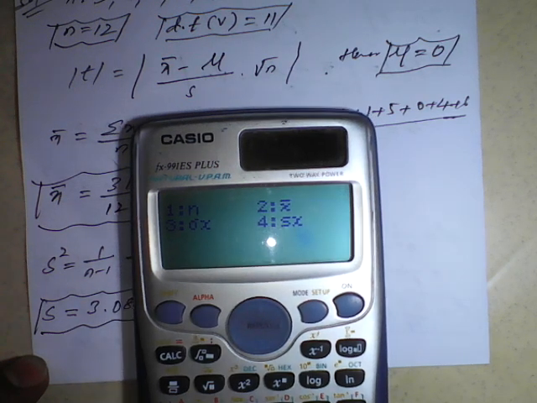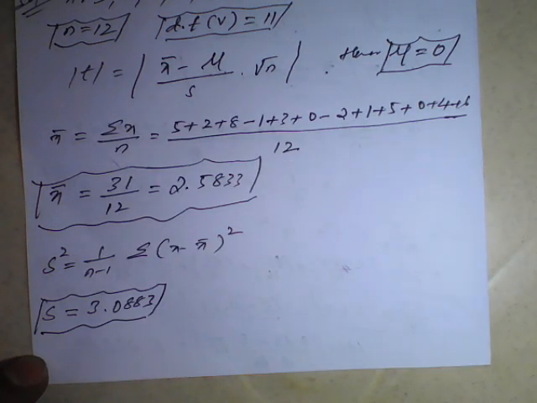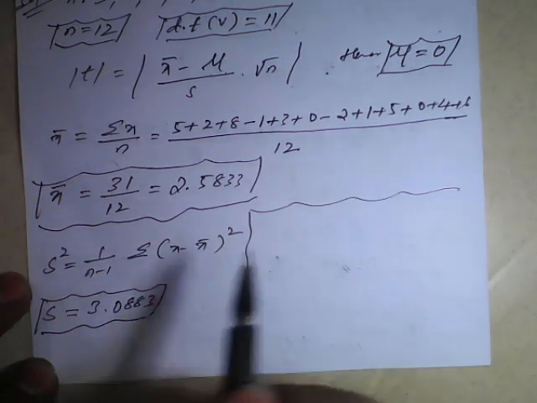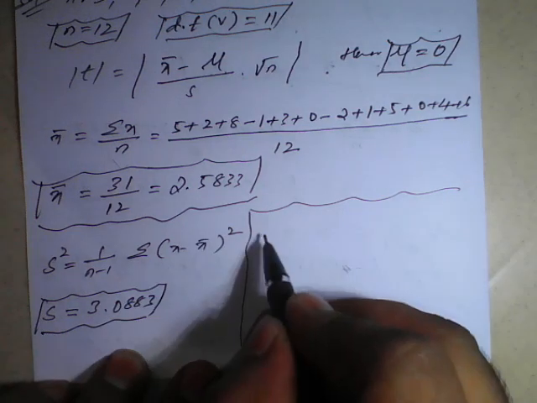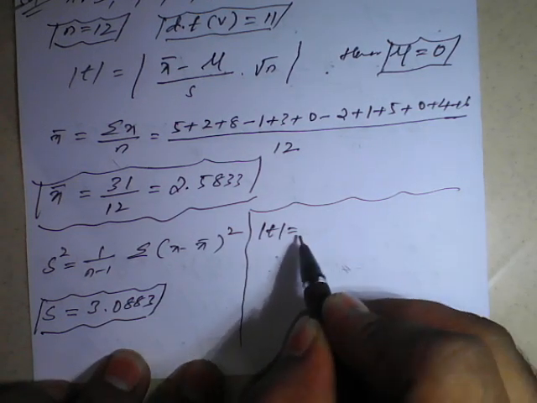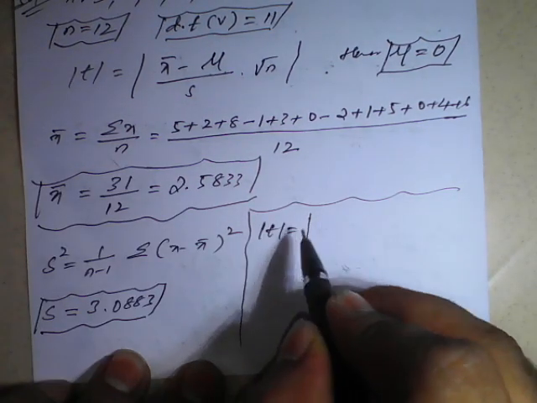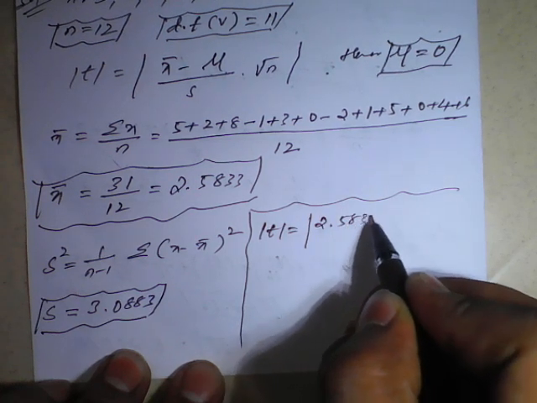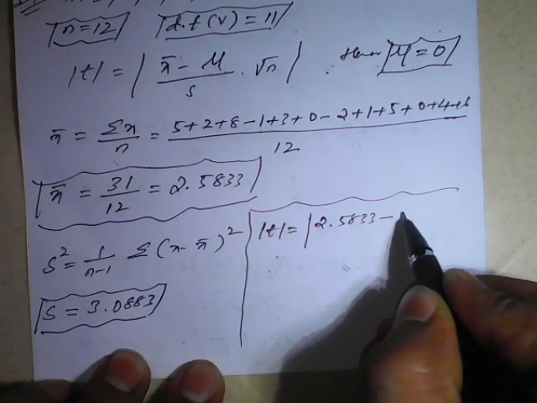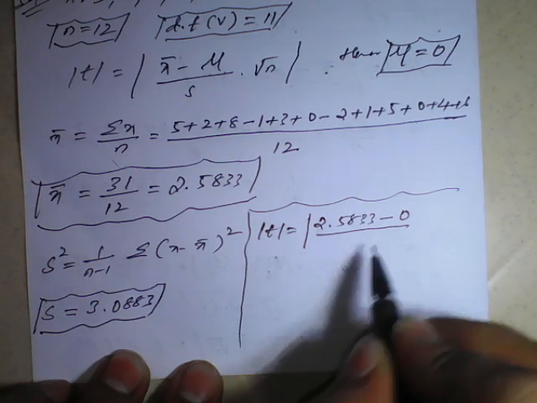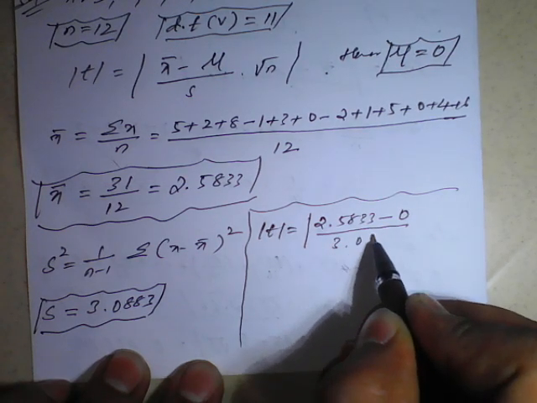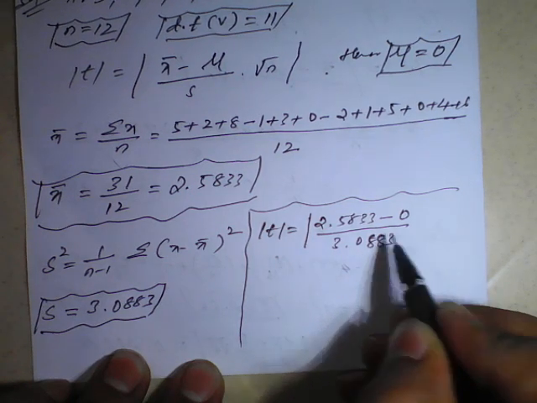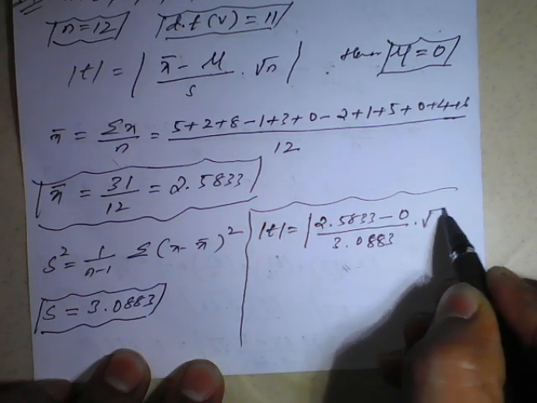Now I will apply the formula for T. Therefore mod of T is equal to mod of (x bar, which is 2.5833, minus mu, which is 0) divided by s, which is 3.0883, into square root of 12.